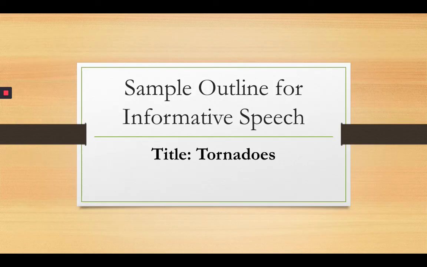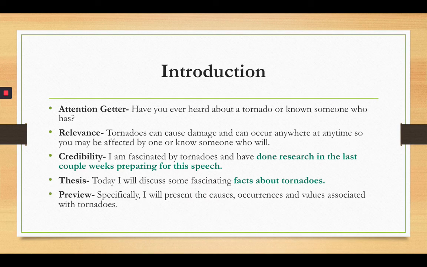Right, so next, this is a sample outline for an informative speech. I think I have shared this with you, tornadoes. If you were to do a presentation on the topic of tornadoes, this is how you're going to plan your introduction. You're going to start with a question, to grab the attention, and then you are going to tell the relevance.